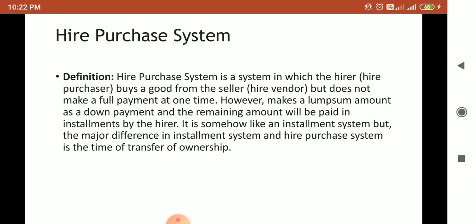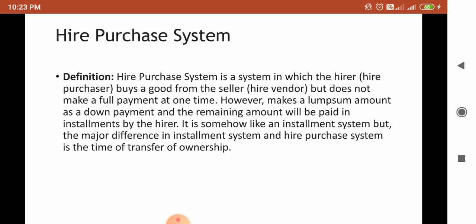Hire purchase system is a system in which the hirer or hire purchaser buys goods from the seller, that is the hire vendor, but does not make the full payment at one time. However, he makes a lump sum amount as a down payment, and the remaining amount is paid in installments by the hirer.